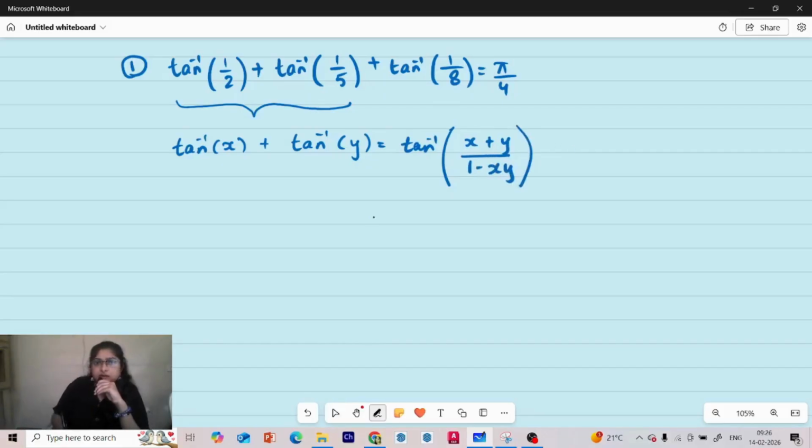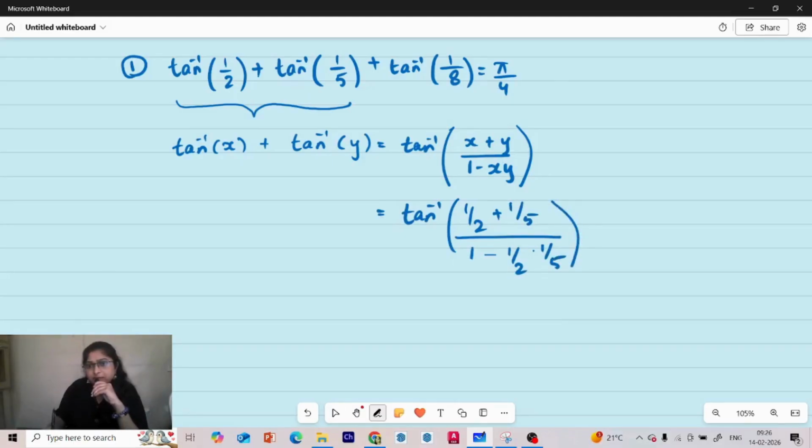Replacing that here you get tan inverse of (1 by 2 plus 1 by 5) by (1 minus 1 by 2 into 1 by 5). This becomes tan inverse of, taking an LCM, (5 plus 2) by 10, which is 7 by 10, divided by (10 minus 1) by 10, which is 9 by 10.